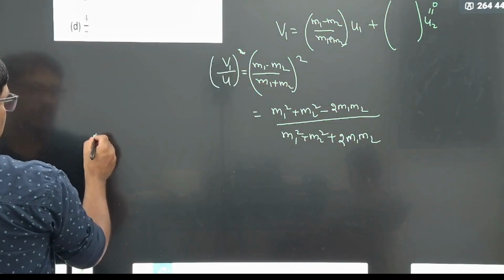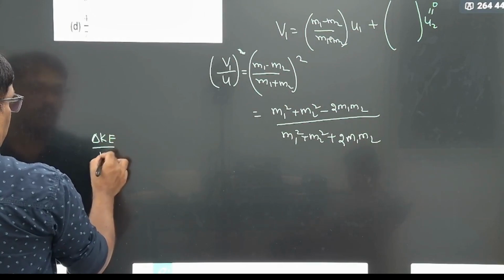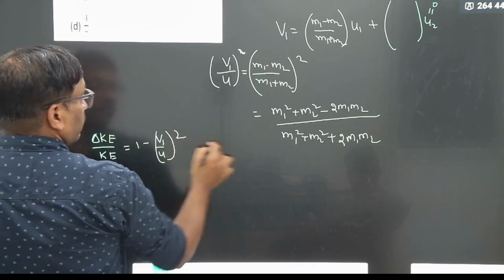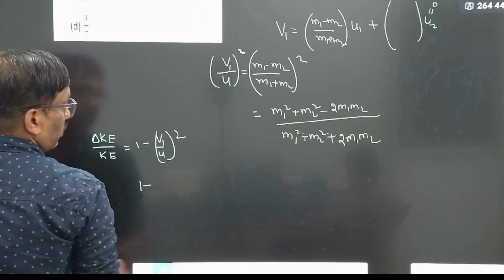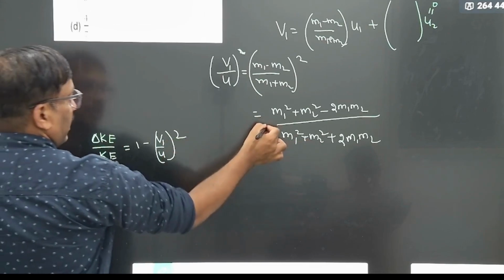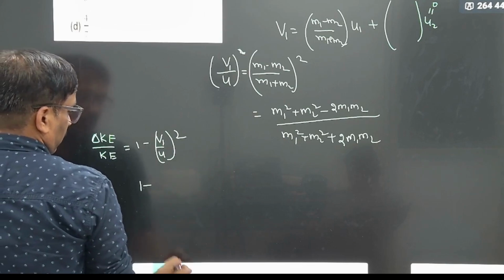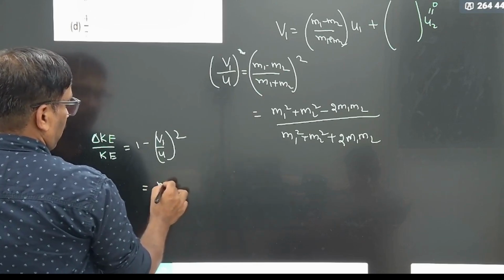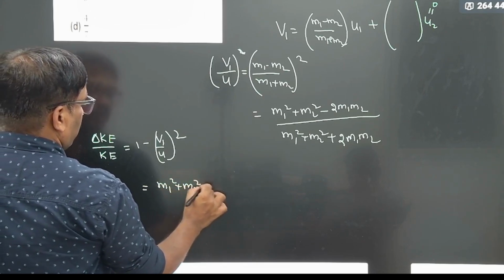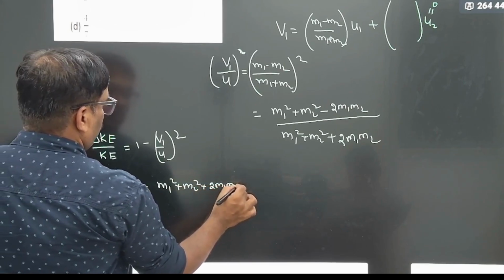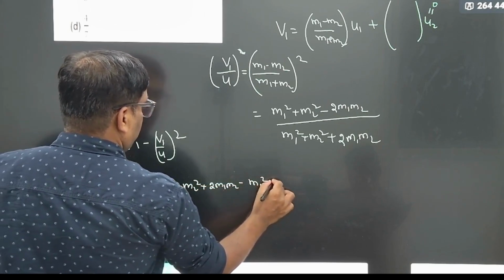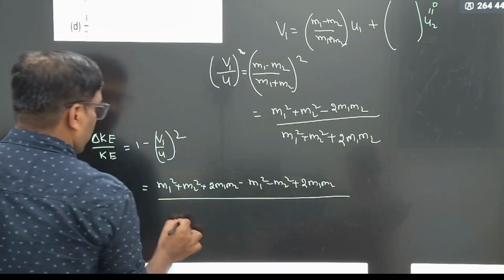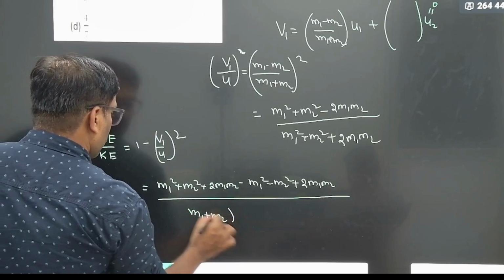Fractional loss of kinetic energy is 1 minus v1 by u whole square. Substitute this entire thing into this one and simplify. m1 square plus m2 square plus 2 m1 m2 minus m1 square minus m2 square plus 2 m1 m2, by m1 plus m2 whole square.